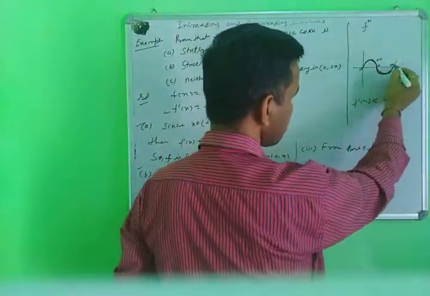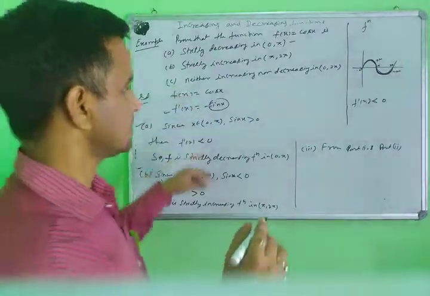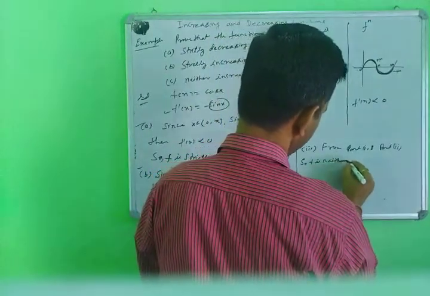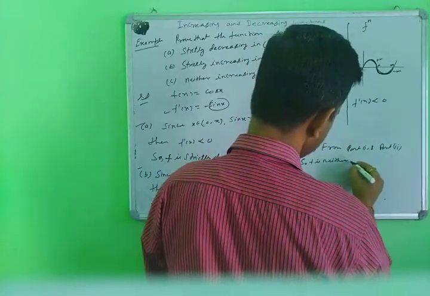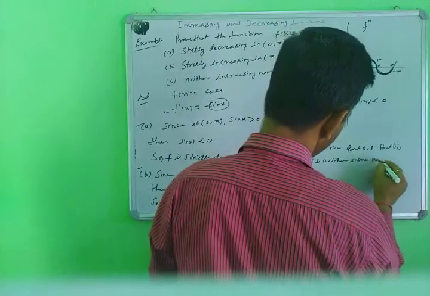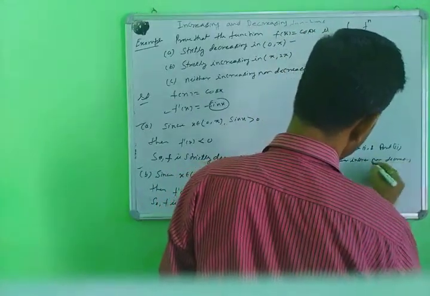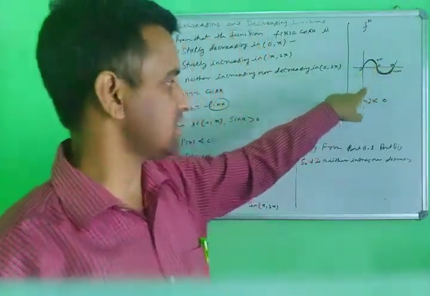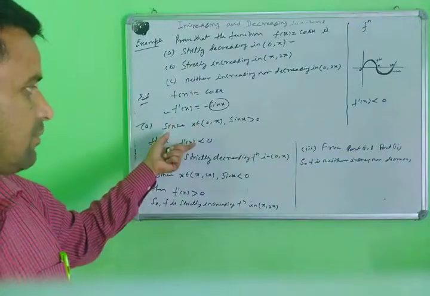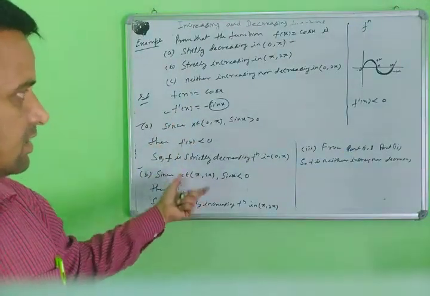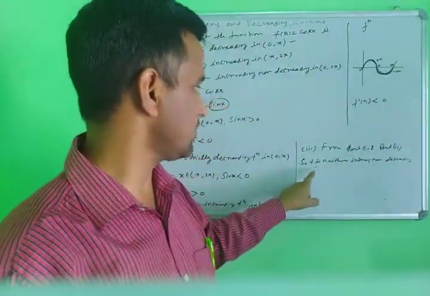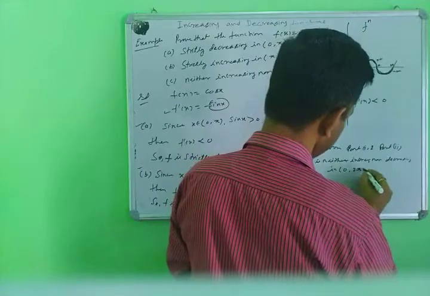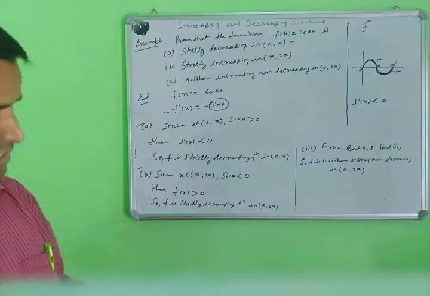So both increasing and decreasing occur, so f is neither increasing nor decreasing. Because the function has both increasing and decreasing conditions in 0 to 2 pi, from part one having decreasing and part two having increasing, you can say f is neither increasing nor decreasing in the interval 0 to 2 pi. This is your answer, a very simple answer.